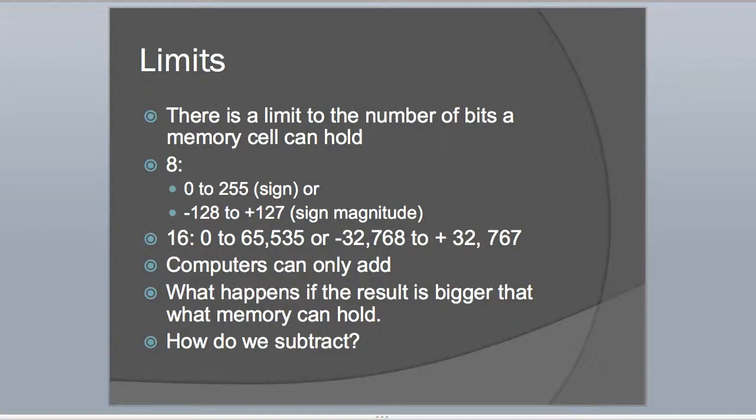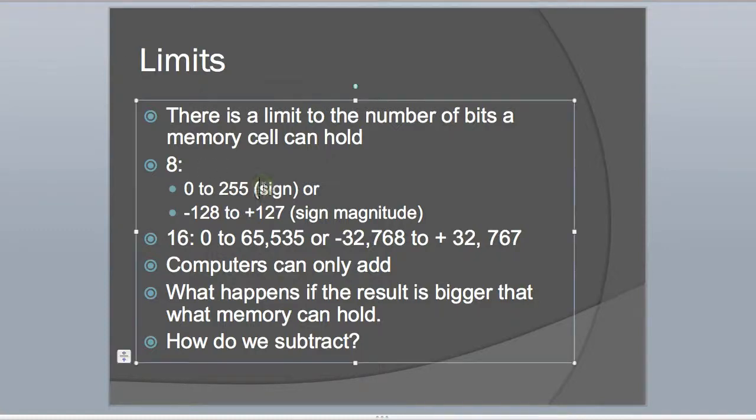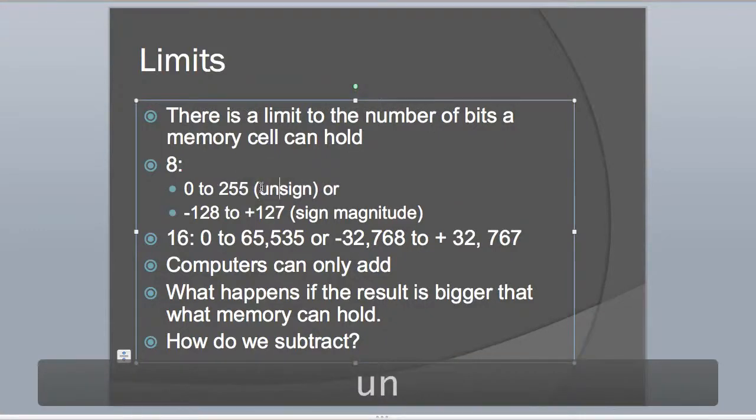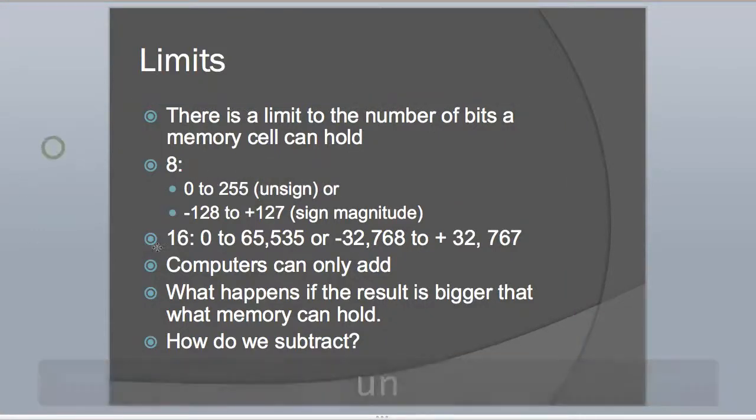Now, they come in two glorious flavors. One of them is called unsigned, or sign magnitude. So if we have 8 bits, looking at all the combinations of binary digits from 0 to 1111 1111, we can represent from 0 to a number as high as 255.